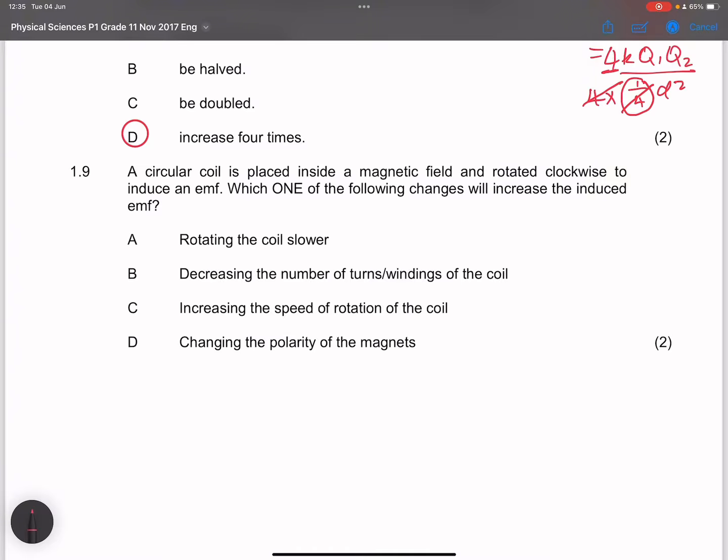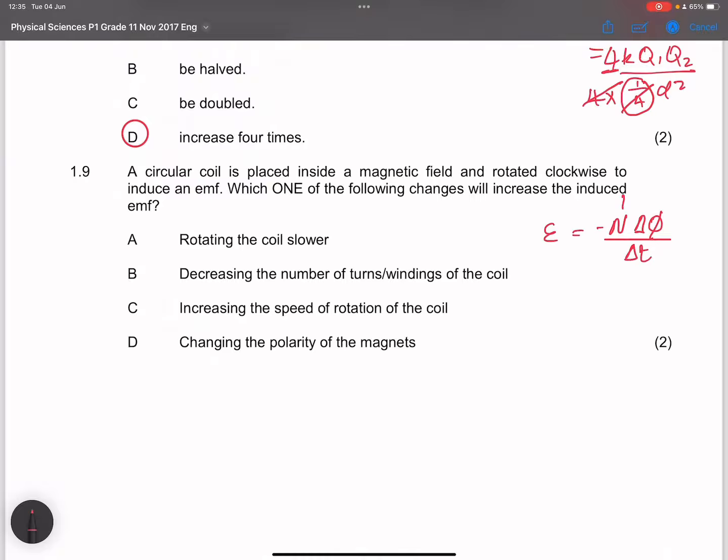induce an EMF. Which one of the following changes will increase the induced EMF? Now, please remember that when we look at the induced EMF, we say that that's minus n, the change in phi divided by the change in time.